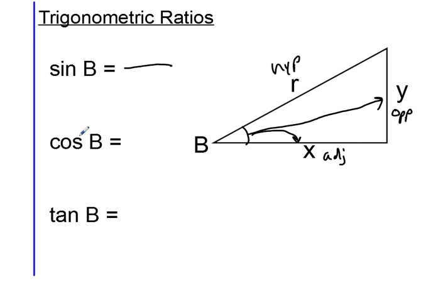Sine is opposite over hypotenuse. This would be Y over R. Cosine is adjacent over hypotenuse, which is X over R. And tangent is opposite over adjacent, so that is Y over X. Remember, over is just another word for divided.